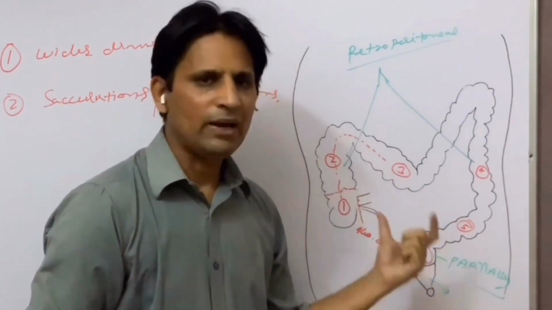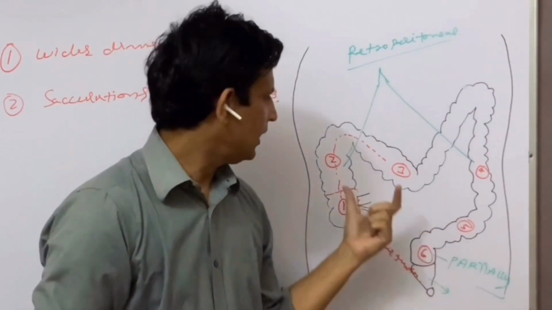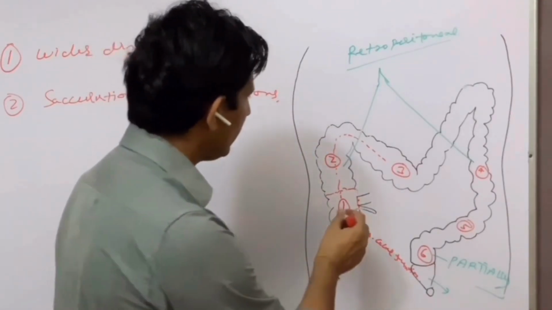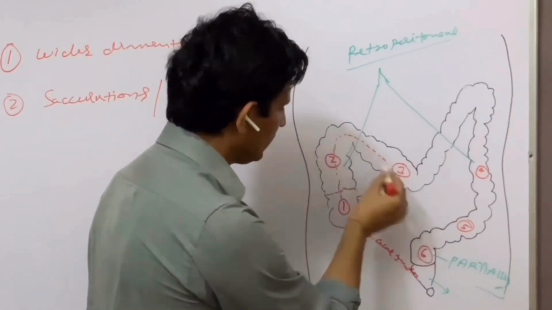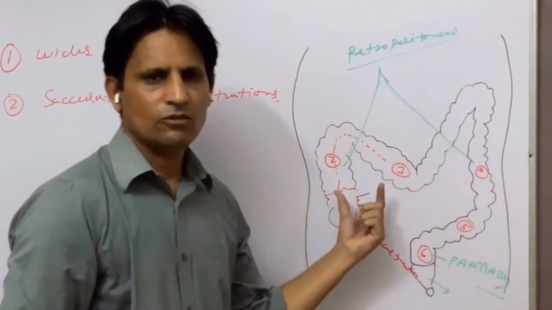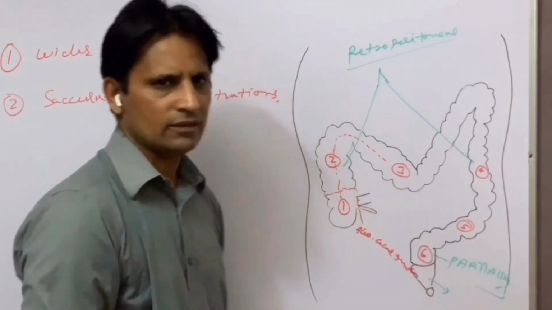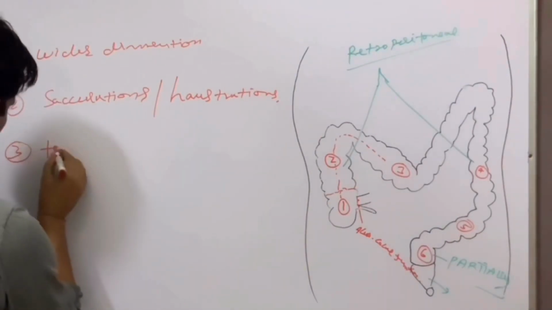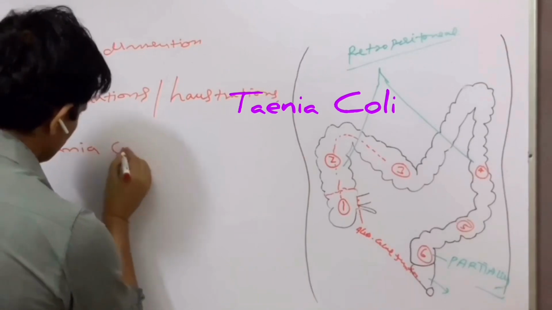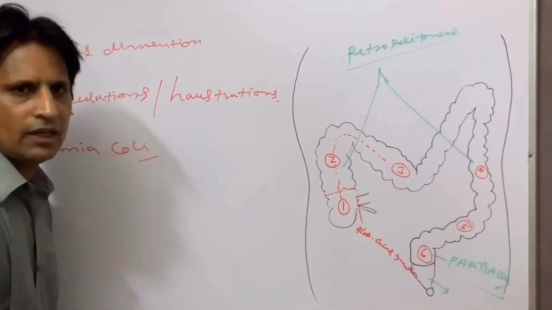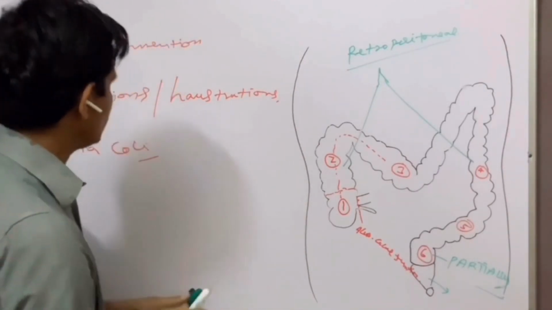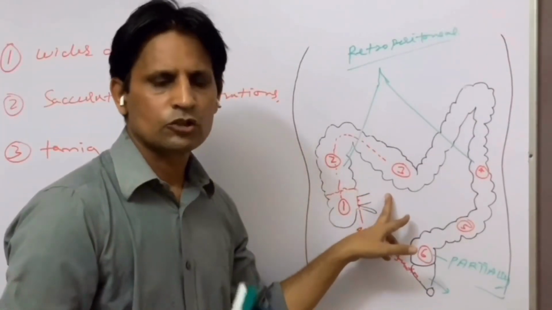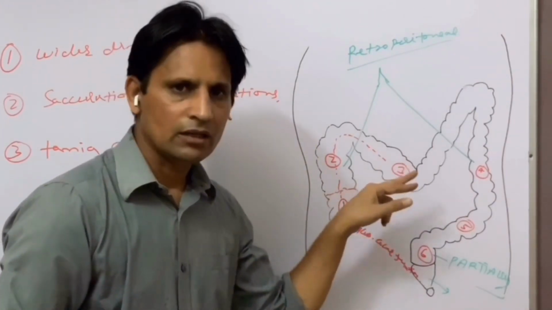These bands make a line on the anterior aspect, and this line is known as the taenia coli. So these three are the basic differences between the small intestine and the large intestine.